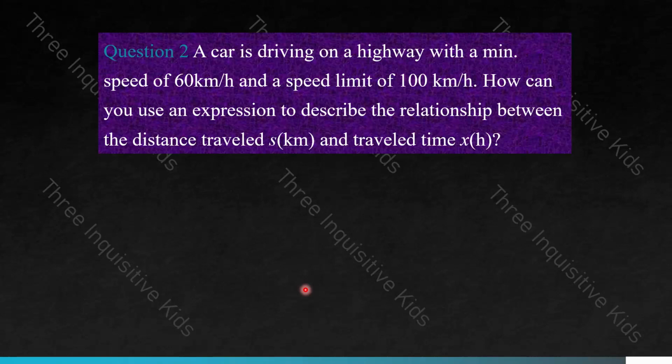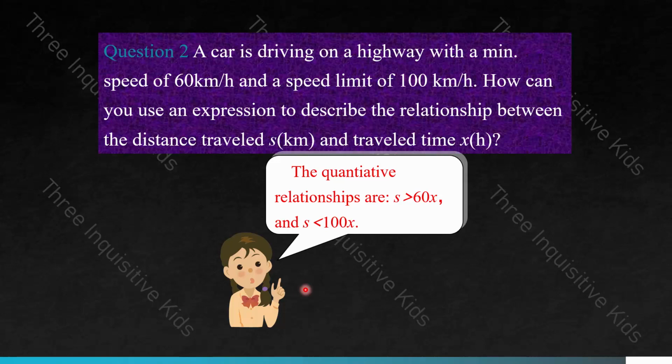How can you use an expression to describe the relationship between the distance traveled, s, in kilometers, and the traveled time, x, in hours? Well, here's the answer. The quantitative relationships would be s is greater than 60x and s is less than 100x. There are actually two quantitative relationships in this question because it has a minimum speed and a maximum speed.